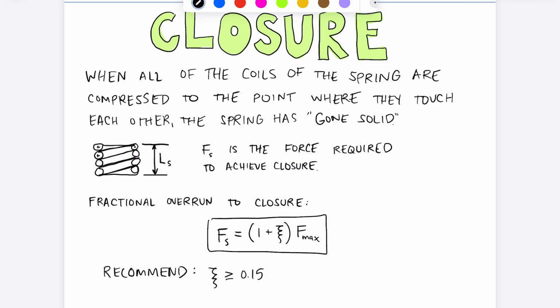We can perform a process called set removal, where the manufacturer will make the spring longer than it's actually needed and then compress it to its solid height, which sets the spring to the required final free length. And then since compressing the spring to closure will actually exceed the torsional yield strength of the material, this induces residual stresses.